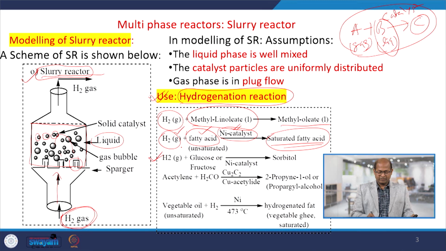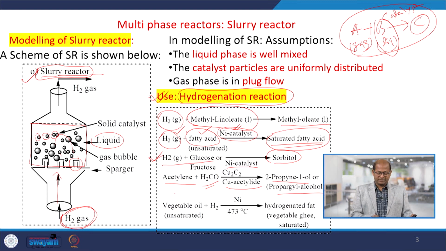Similarly, other reactions are also there: hydrogen plus glucose or fructose in the presence of nickel catalyst, we can convert into sorbitol, or acetylene and formaldehyde we can convert in the presence of copper acetylide, the catalyst, into 2-propyn-1-ol, or propargyl alcohol, that we can produce.